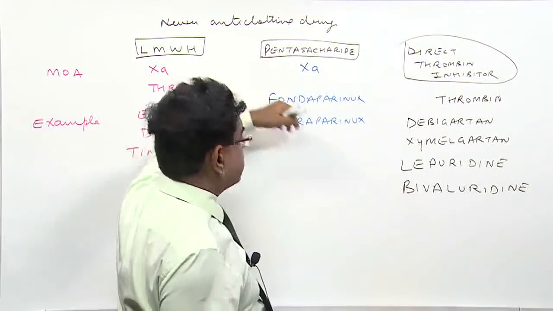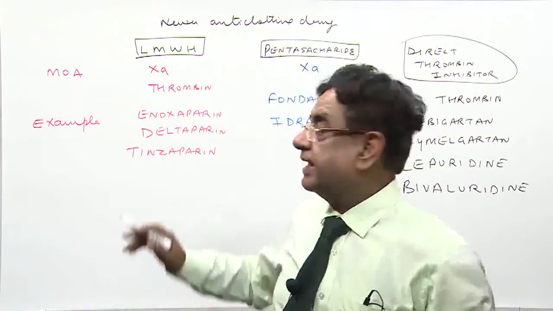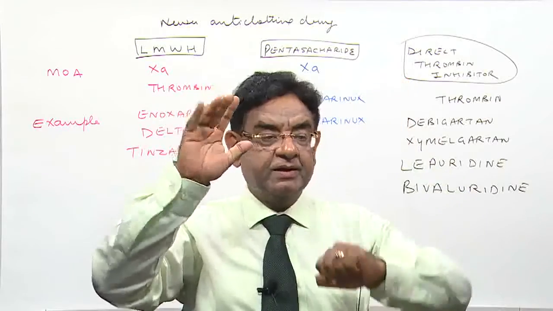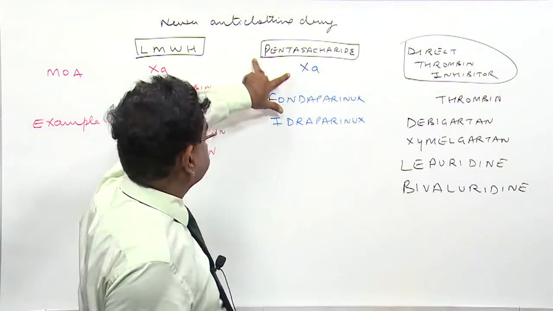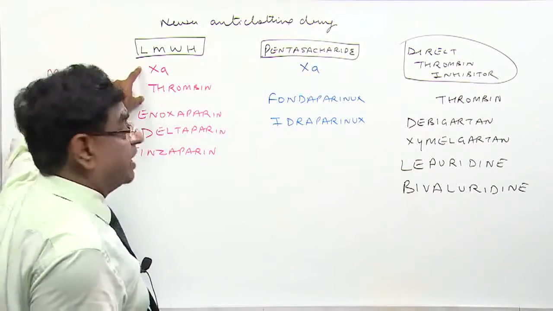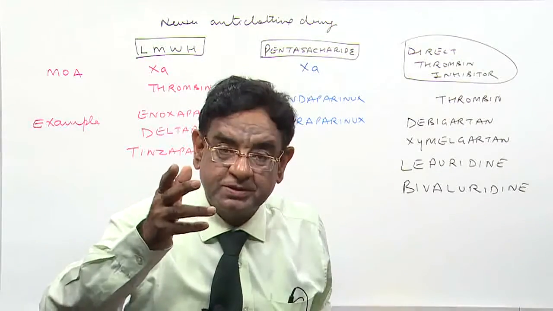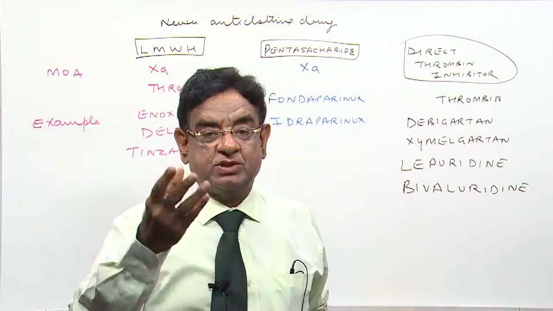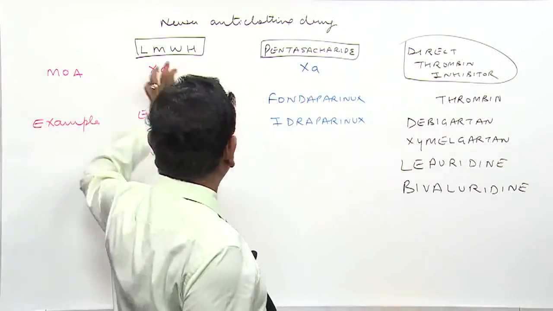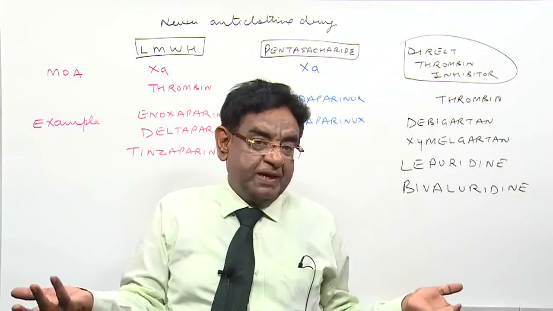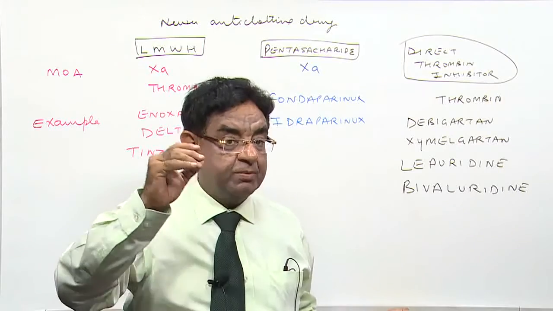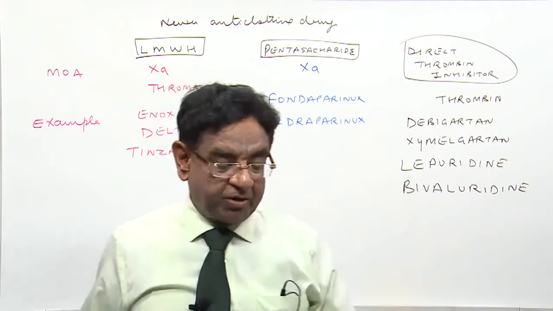Penta is 10A, penta 10, easy. And low molecular weight heparin is both. So we can sing a song: thrombin, 10, both. Very simple mechanism of action.